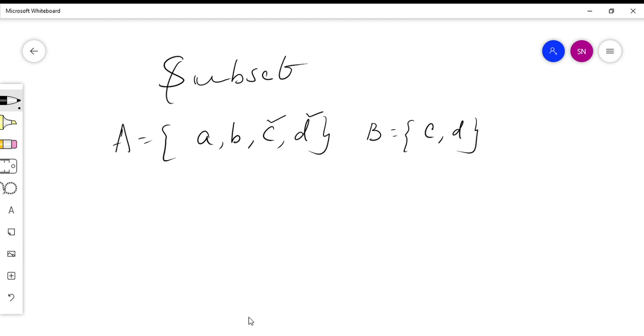So I have used the elements of set A, that is C and D, and made a set B, which tells us that set B is contained in A, which means set B can be derived from set A, because A is a bigger set with 4 elements and B is a smaller set with 2 elements. So in that case, I can tell set B is a subset of A.